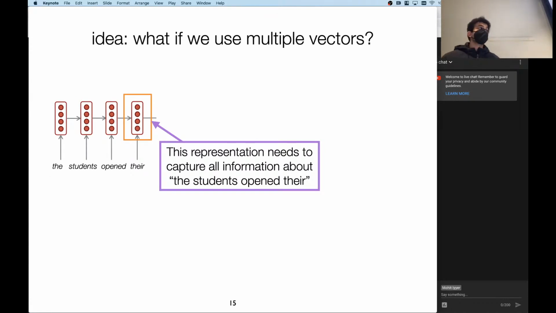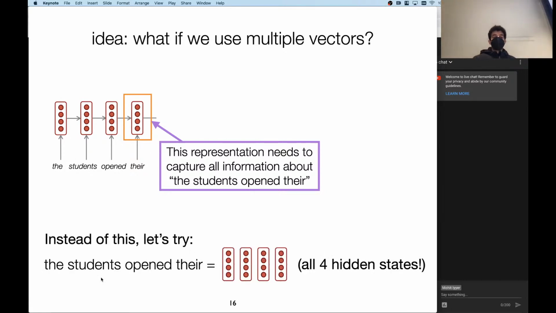The idea behind the attention mechanism is that you give the model a way to get out of this bottleneck state by looking at previous hidden states as well. So given "the students open there," in the current RNN that we've seen to this point, this last time step contains all the information about "the students open there." The model will just feed this into the softmax layer and predict the next word.